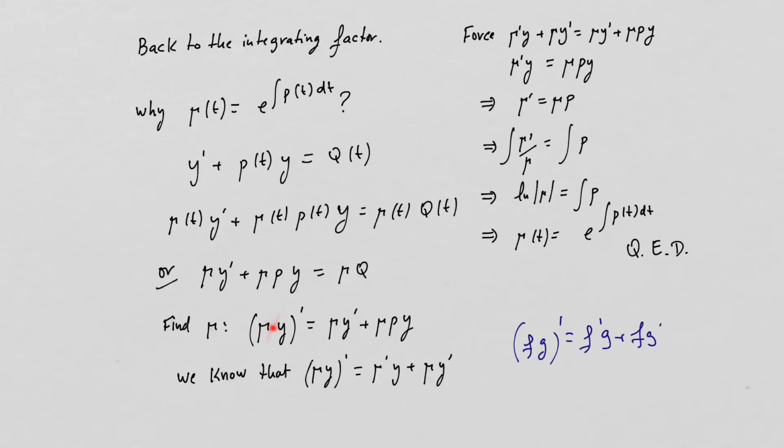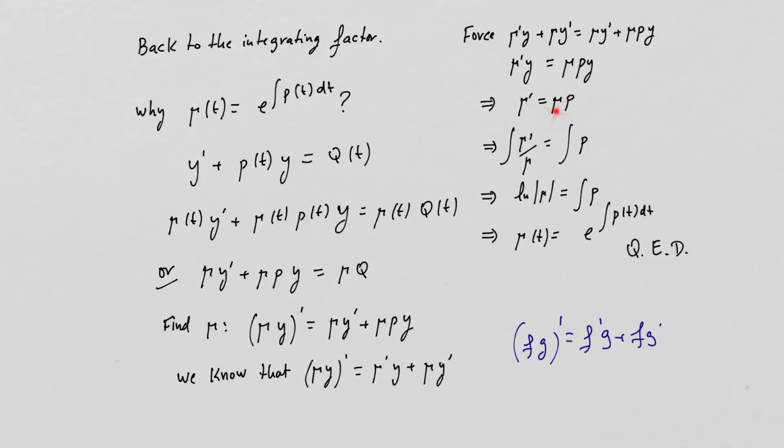So if that, by definition, is this, and we are trying to find mu so that this equals that, we're going to force these two to be equal, okay? That's what I wrote here, okay? So mu prime y plus mu y prime, here it is, equals mu y prime plus mu p y. Mu y prime cancels, and y cancels. So now you have mu prime equals mu p.